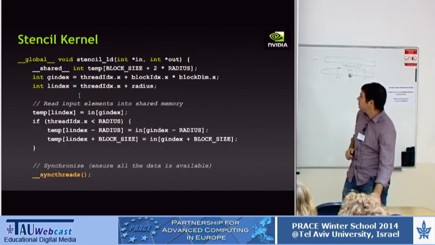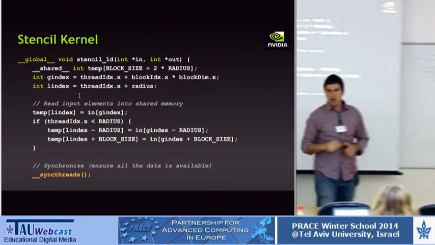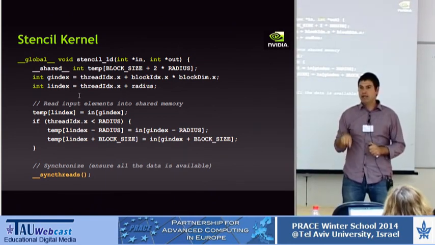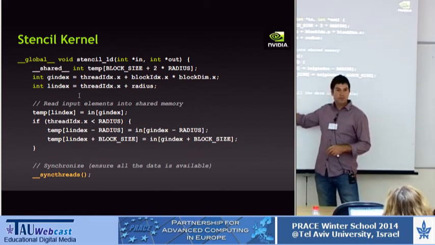After the code that brings the information into shared memory, you put sync threads, and it tells all the threads from the same block to wait here until everyone has arrived. Only when everyone has arrived can we continue. It's a very common bug to forget sync threads. Okay?